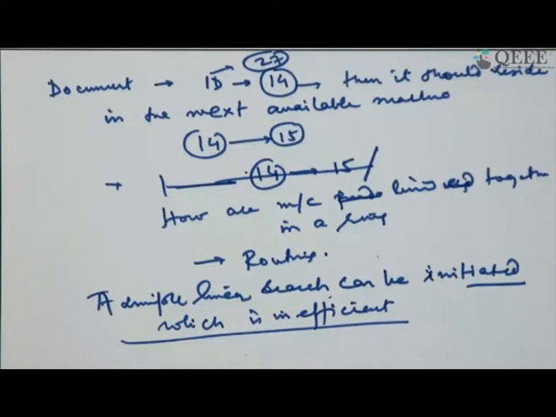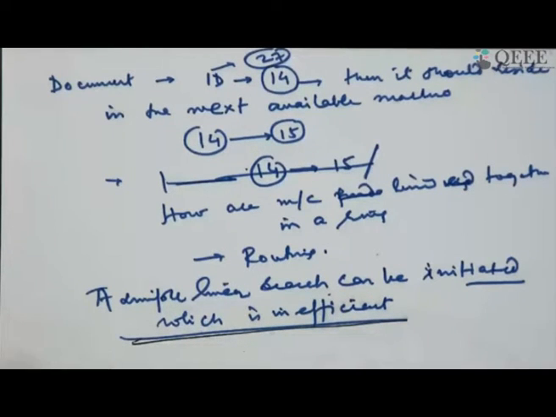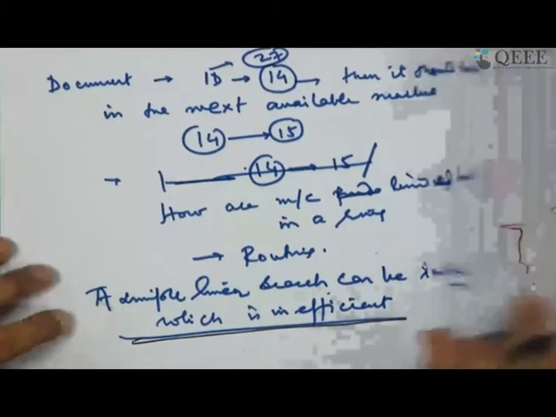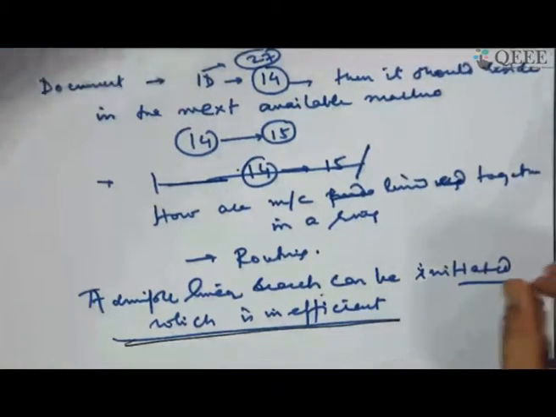A simple linear search can be initiated, but it is actually inefficient. So if it is inefficient, then what should we do?